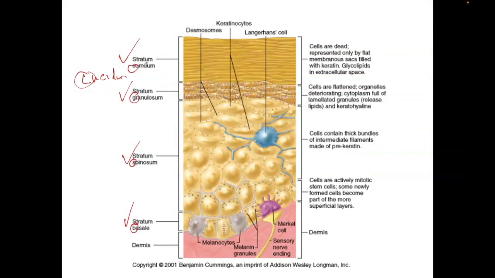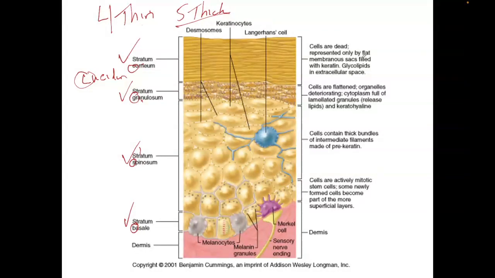Since we only have 4 layers, we don't have the lucidum. 4 layers is thin skin. 5 layers is thick skin. So where do we have thick skin? Palms of the hands and soles of the feet, much thicker. That's going to have the lucidum layer. Where you have thin skin, no need for it.